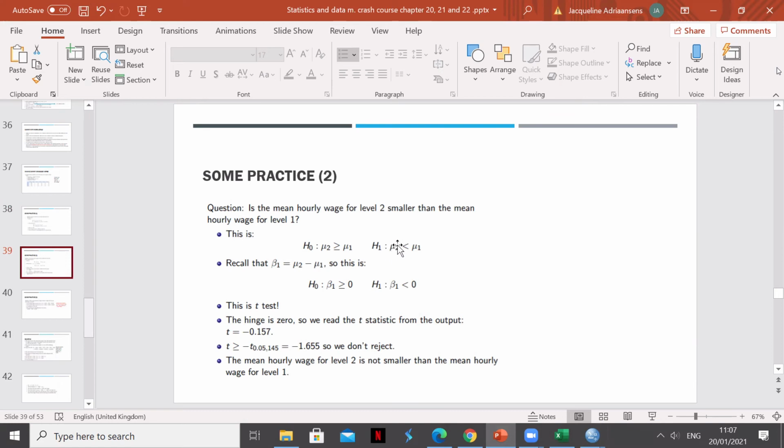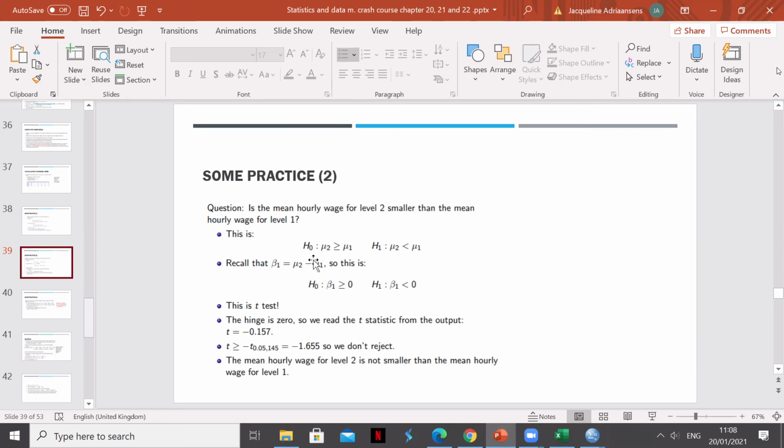Mu2 is the average of wage 2, and this is the average of level 1. If you recall, beta 1 was the difference between mu2 and mu1. So it's actually going from the base level to the first one.